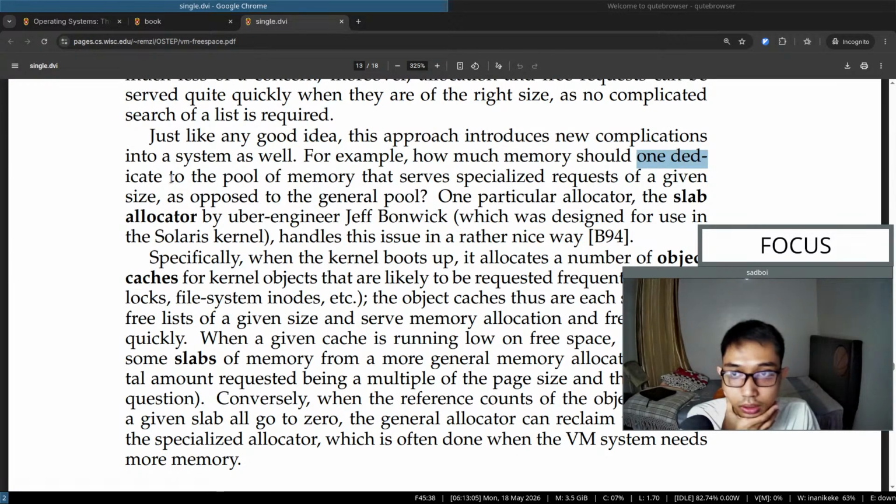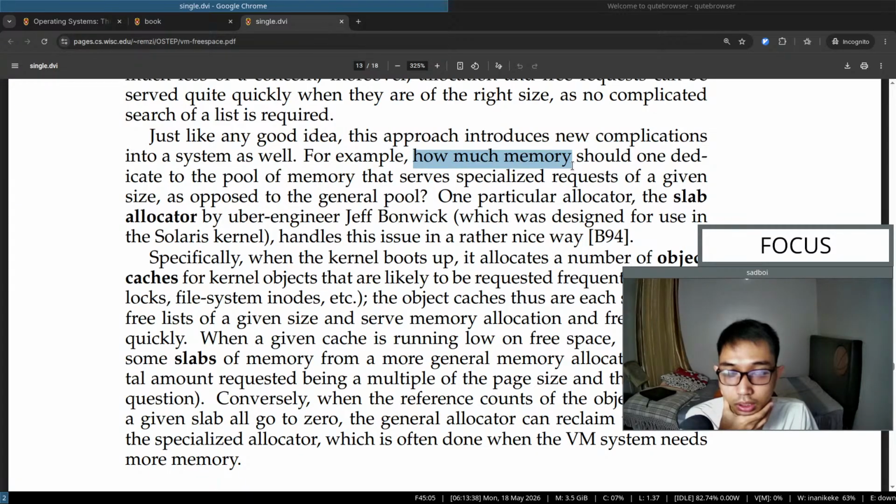How much memory to dedicate to the pool of memory that serves specialized requests of a given size, as opposed to the general pool, right?